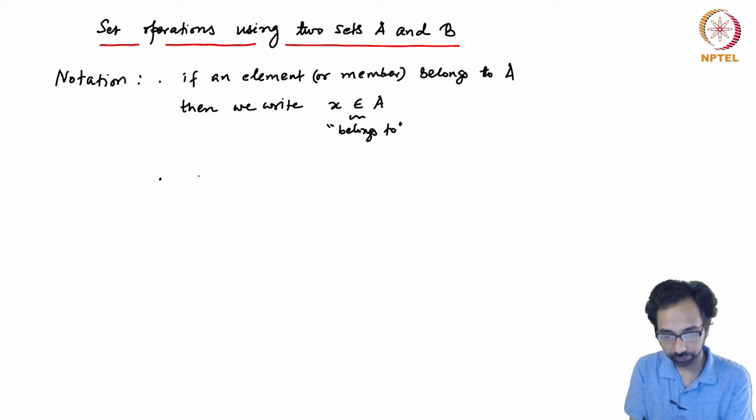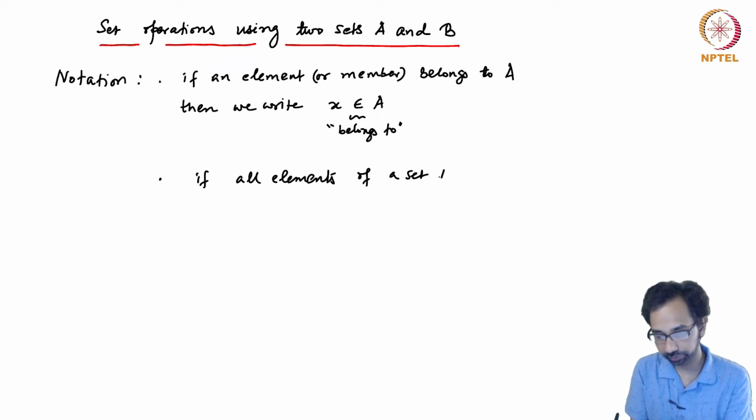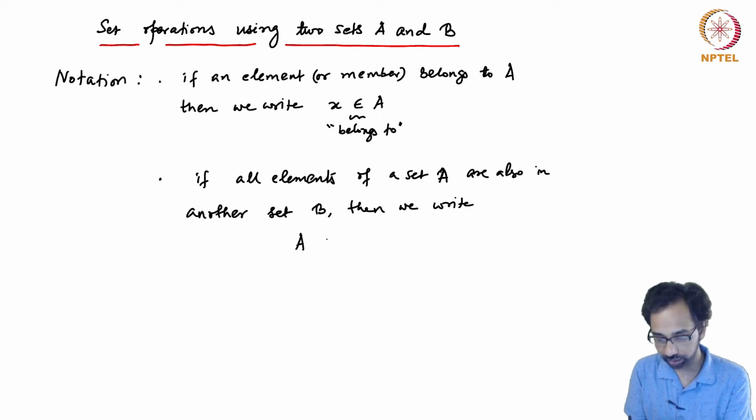Another is that if all elements of a set A, let's say, are also in another set B, then we write A is a subset of B. This is the notation for subset.